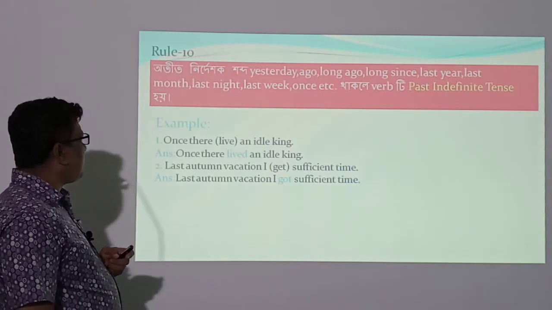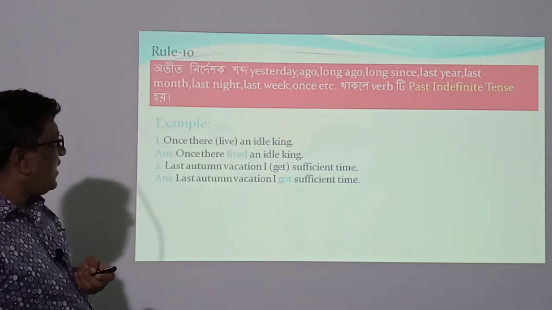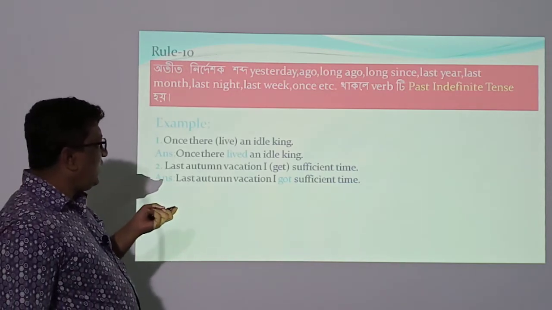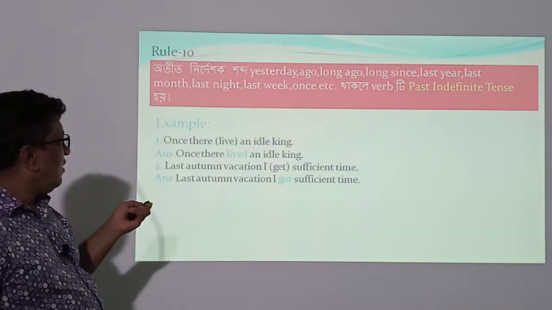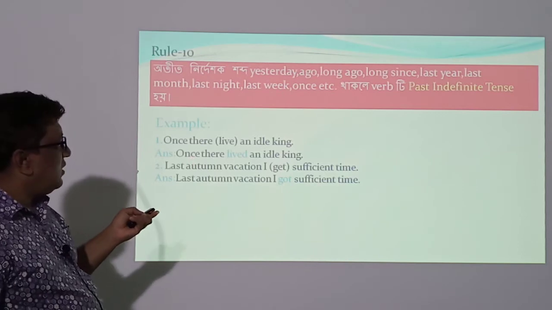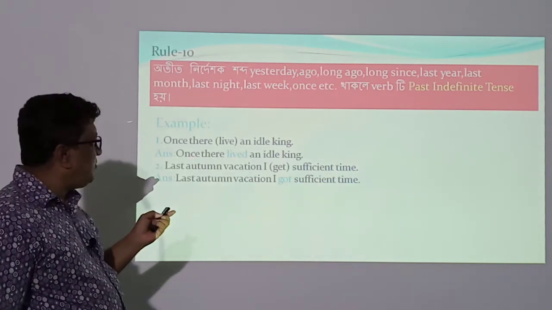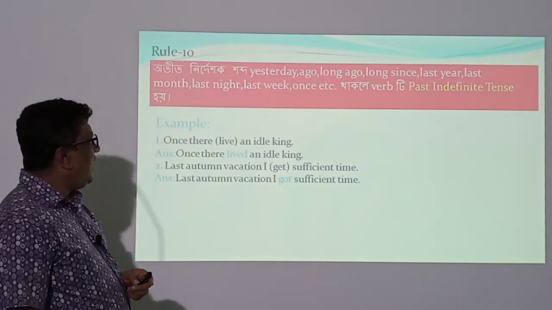First, once there lived an idle king. Because of the presence of the word once, the verb will be in the past indefinite form, lived. So, once there lived an idle king.